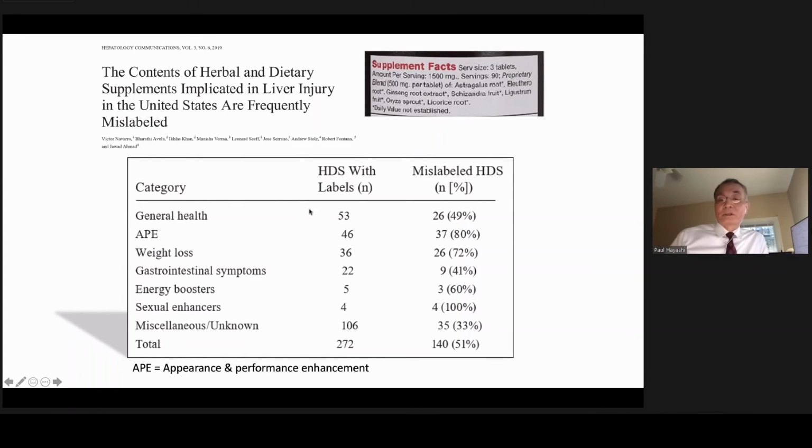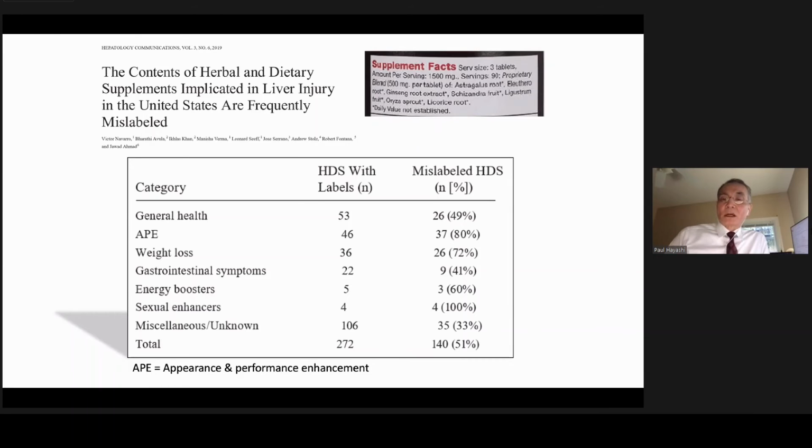The point here is the mislabeling in these herbals and dietary supplements. Keep in mind, all these cases were actually a liver injury. The level of mislabeling is rather startling, and even the lowest, at somewhere around 33%, would be quite unacceptable, of course, in the drug development space.